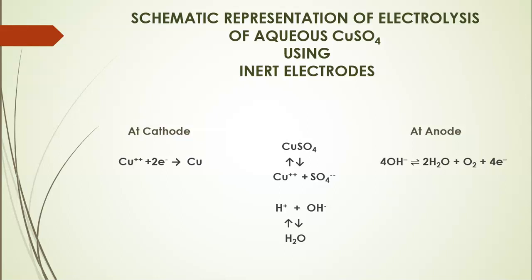Then, out of copper and hydrogen, copper ions being lower in the activity series will get discharged, forming copper at the cathode. Hydroxyl ions being lower in the electrochemical series of anions get discharged, giving oxygen. As a result of electrolysis of aqueous copper sulfate using inert electrodes, copper is formed at the cathode and oxygen is liberated at the anode.